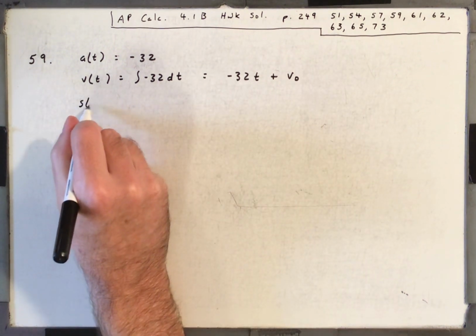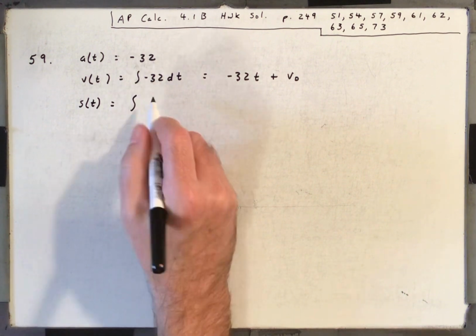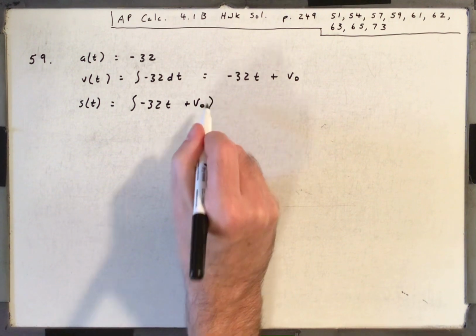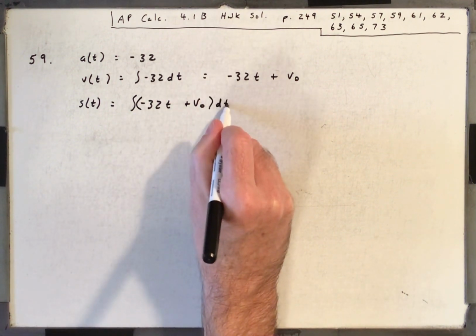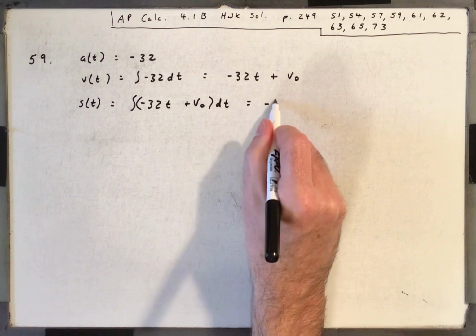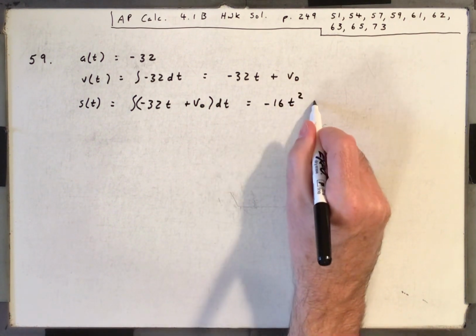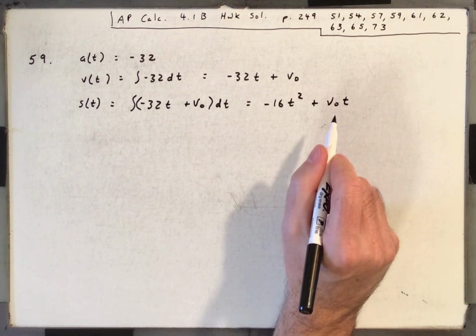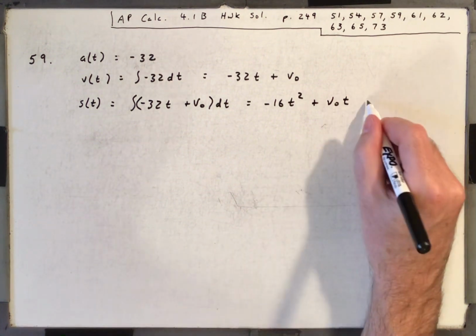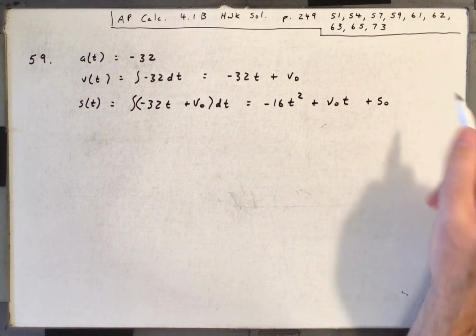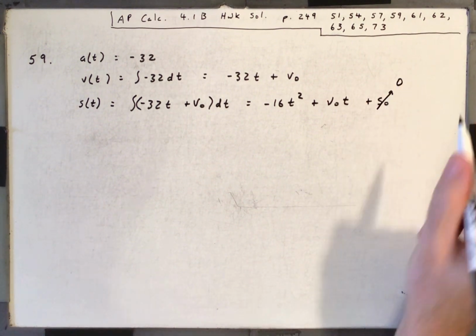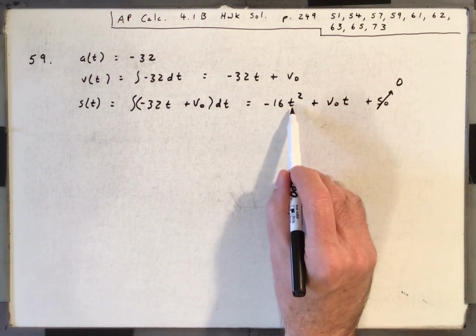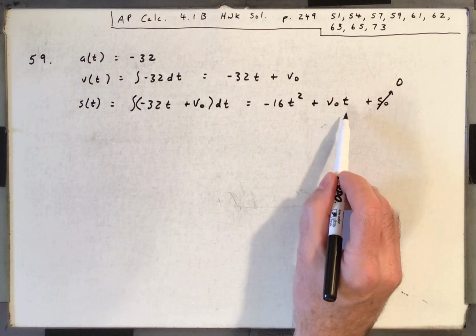And then S of t, we would integrate minus 32t plus our initial velocity with respect to time. So that's minus 16t squared plus v naught t. And then we're throwing it upward from ground level. So S naught is 0. Okay, so we have this equation, minus 16t squared plus v naught t.